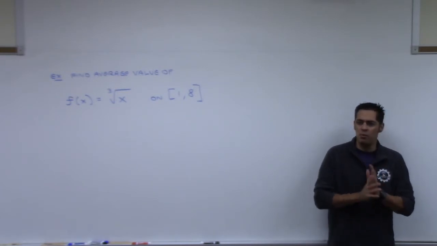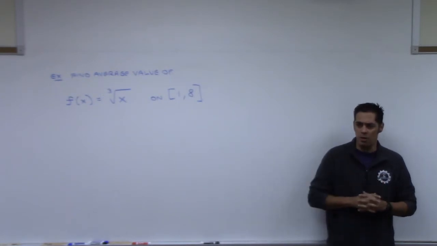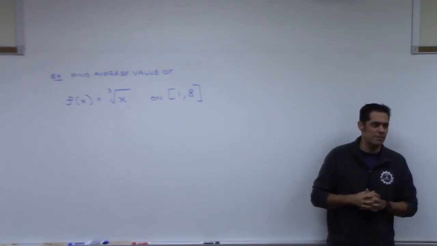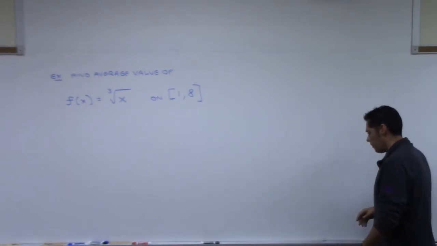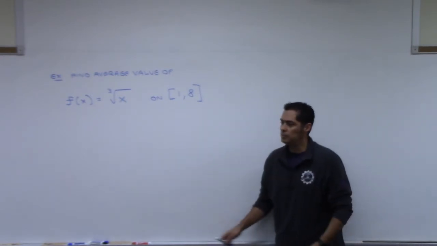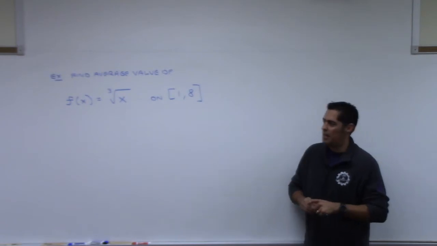Do y'all know what the cube root of x really means? X raised to the 1/3. So you're going to have to mess with some fractions here. If you don't want to see the answer, just don't look up here.